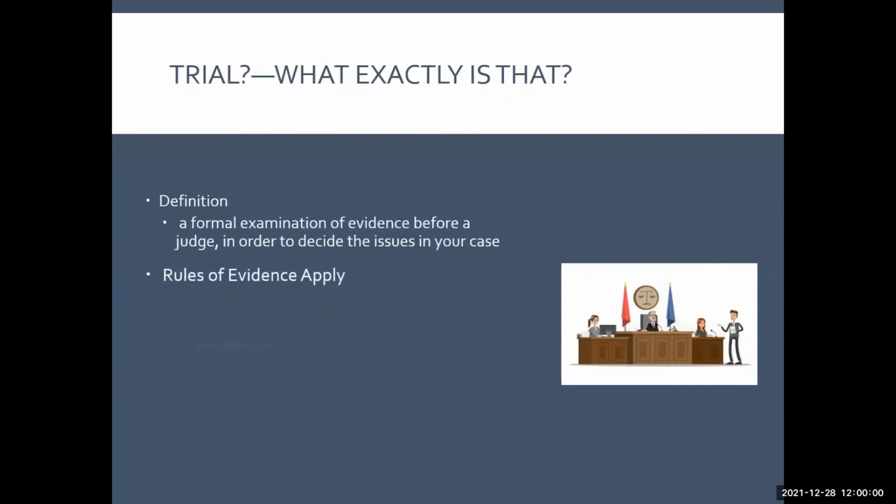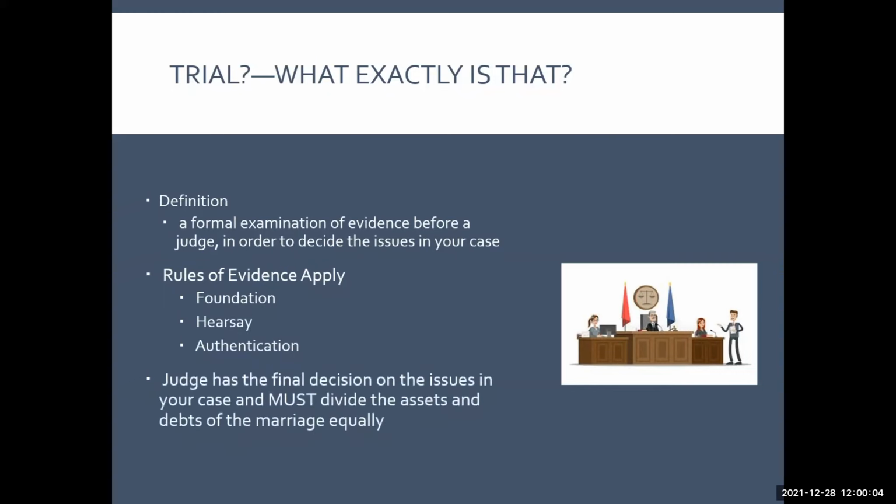What is a trial? A trial is defined as a formal examination of evidence before a judge in order to allow the judge to decide the issues in your case. Because this is a formal examination, the rules of evidence will apply.